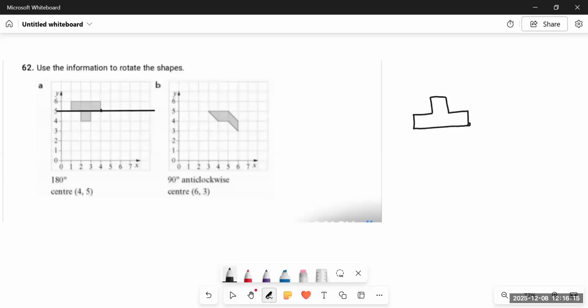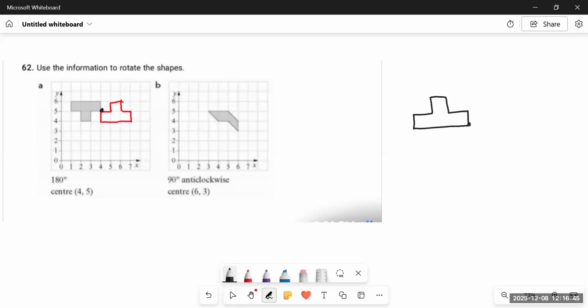So since this is the center of rotation, the image would look like this, right? Because this is the center. That's it.